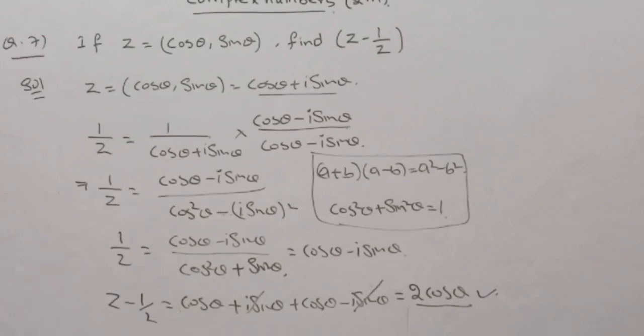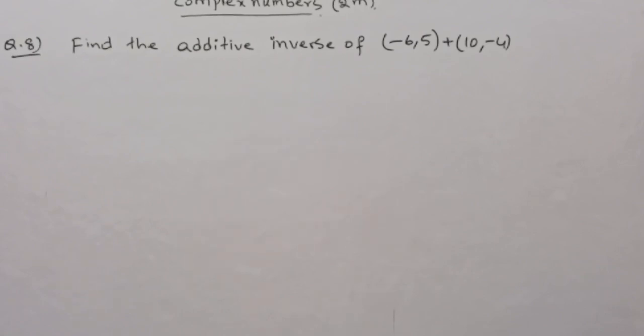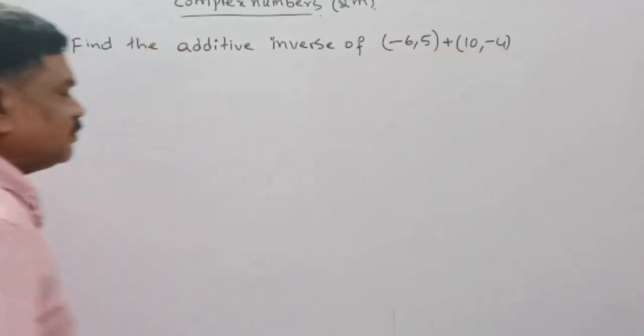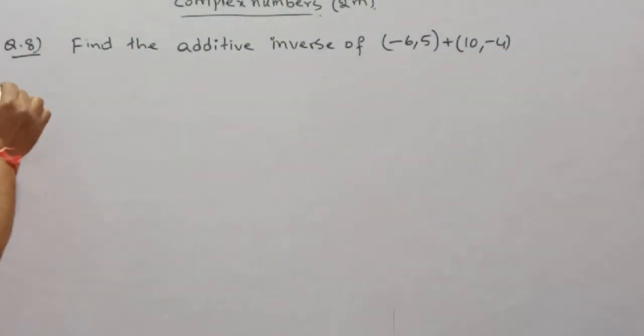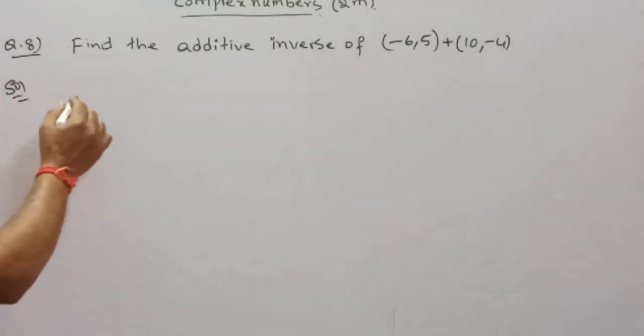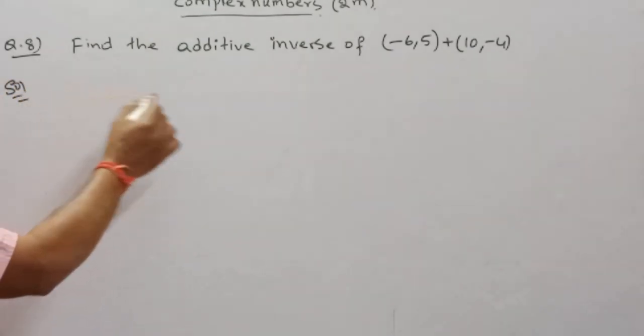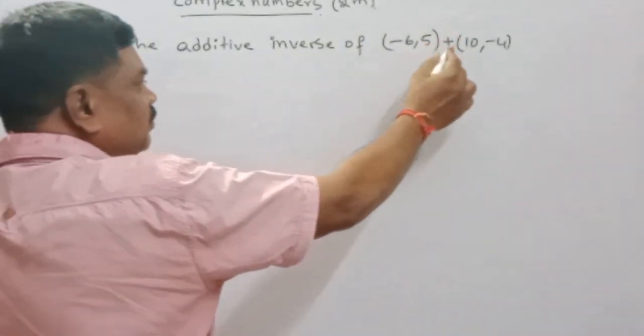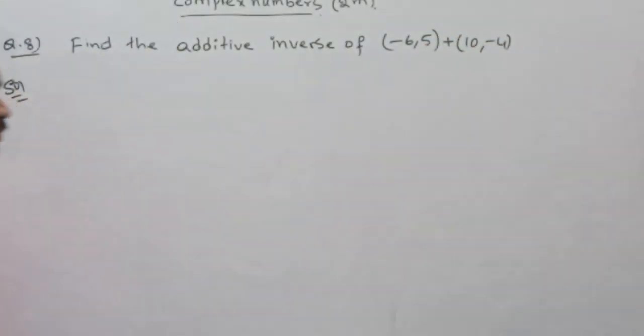That's all. Here we have one more problem. Find the additive inverse of minus 6 comma 5 plus 10 comma minus 4. So what is given here? We have to find the additive inverse of minus 6 comma 5 plus 10 comma minus 4.